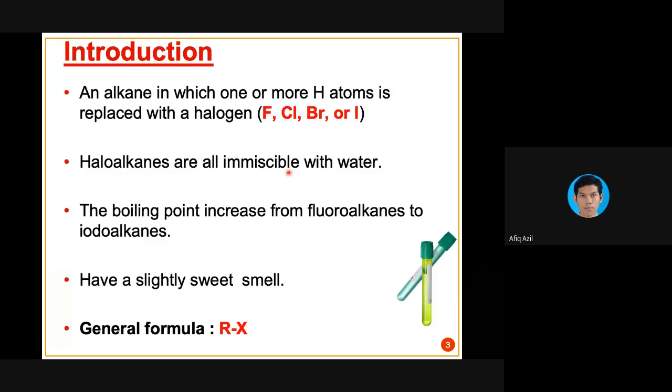The boiling point, the BP, increases from fluoroalkanes to iodoalkanes. Fluorine is at the first row of group 17, followed by chlorine, bromine, and iodine.